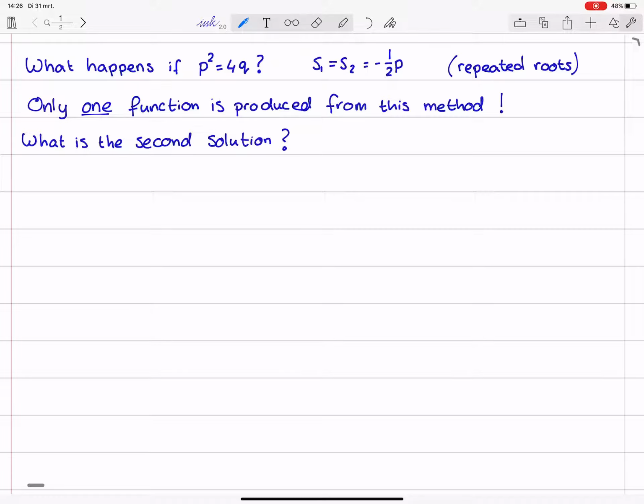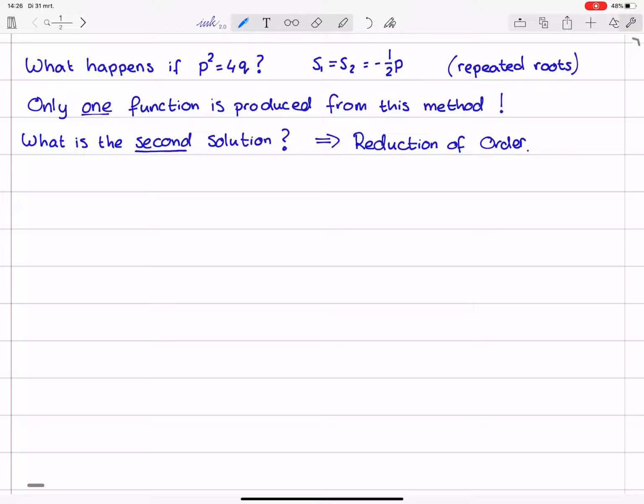Okay, we have a method for finding this second solution, and this is called reduction of order. That's the name of the method. And I will talk you through it now, and then we will discover what this second solution is.